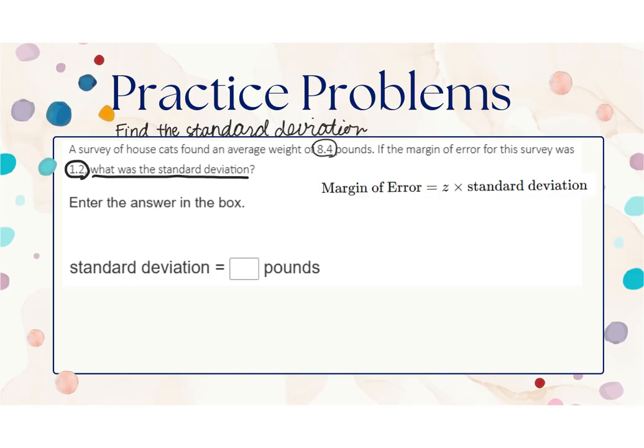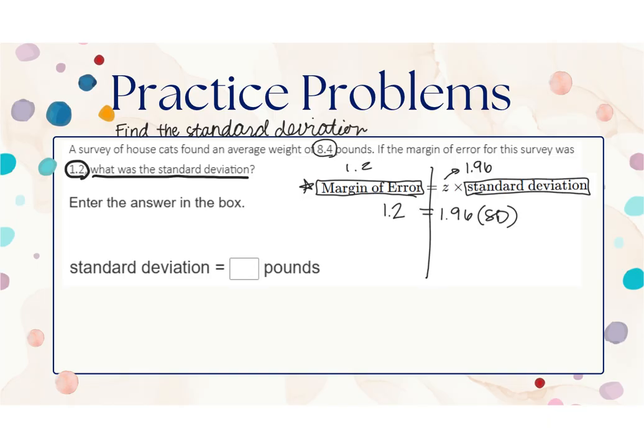To do that, we're still going to use this formula here, our margin of error formula. And remember from before, our z value is going to be 1.96. We are just going to do that common 95% confidence level. Now, we are not given our standard deviation, so this is what we're looking for, but we are given our margin of error, which is 1.2.